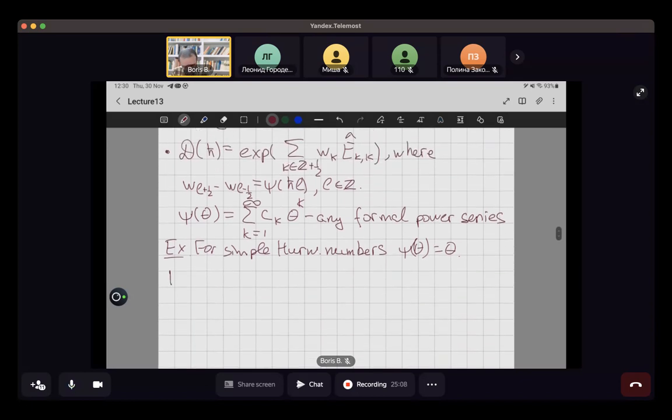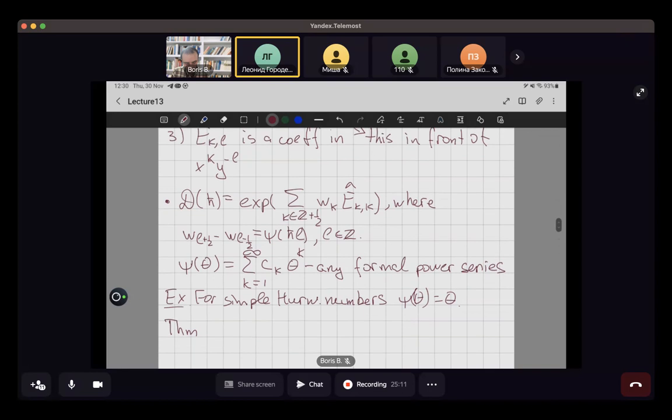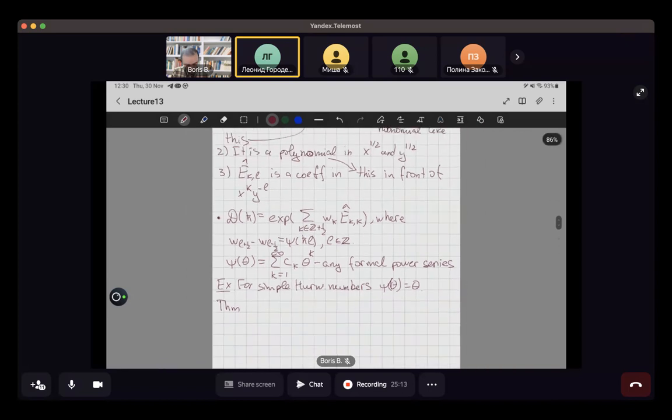The theorem. Sorry, I have a question. How do we define this W? We know only their differences? Yes. They are defined up to some common additive constant, but in fact this constant is not important.